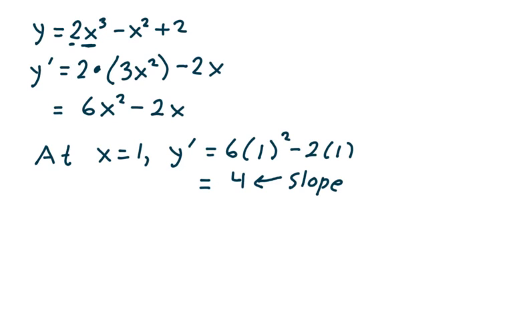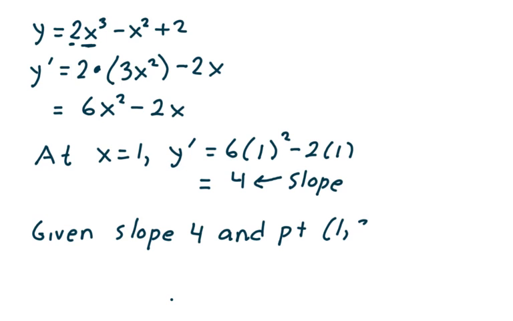Okay. Now, so we're given slope 4 and point (1, 3). Now, let's see if we can put that together. So we're given y equals mx plus b.